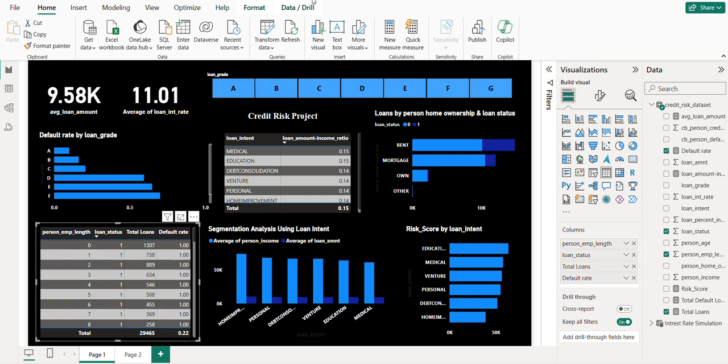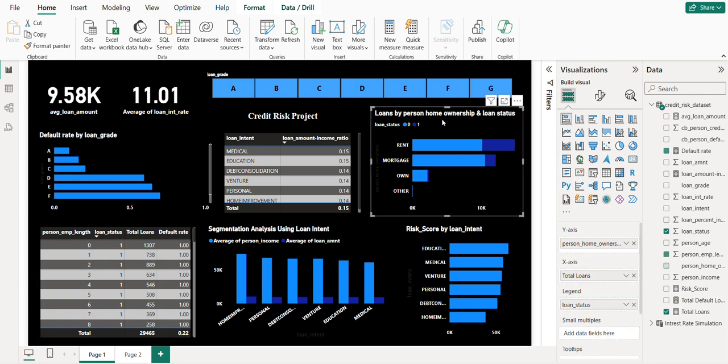Now we have to find out the loan patterns by the employment length and the home ownership. In this graph we clearly see that where the home ownership is rent and the loan status is 0, there are almost 4,700 loans, and where the loan status is 1, we have 4,700 loans.